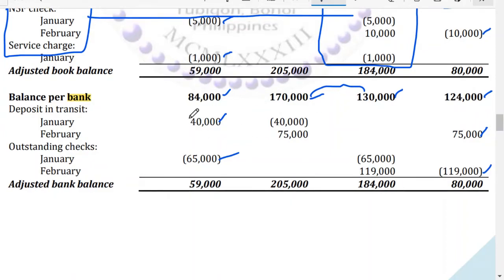So, ang kaning 40, na-add na siya aning 170, which is not correct because if we want to know how much is really the actual receipts for February, wala ni siya ilabot because this is a receipt or a deposit in January. Okay, that's why ang buhaton i-minus. Nya kani pong sa February, kay since this is a deposit in transit for February, so i-add siya sa February. So i-add 75.